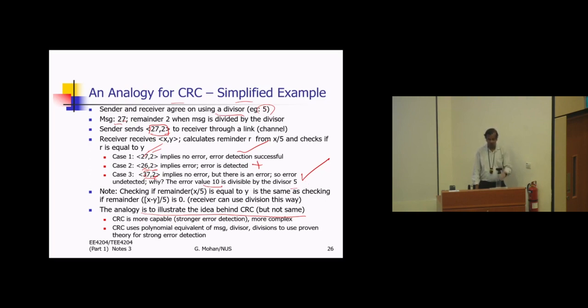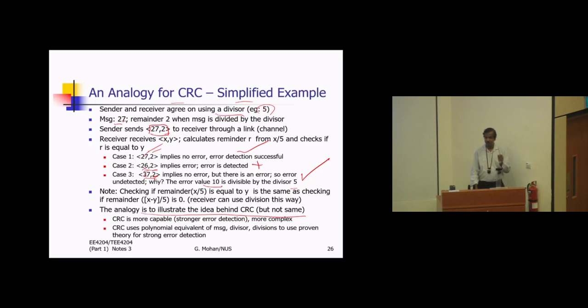This is true for other divisors too. Instead of 5, if you use 7 or 8, you can again come up with similar examples. So we want to use some division method. CRC uses a division method, but it is not exactly this one. It is similar to a polynomial division method in polynomial theory.